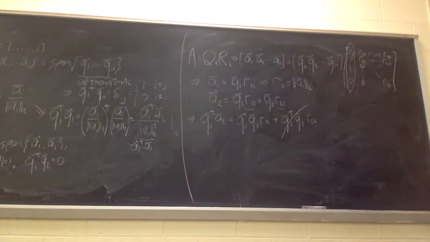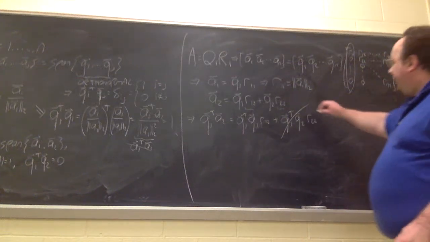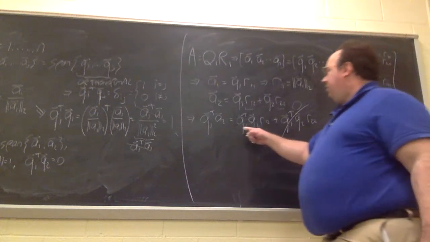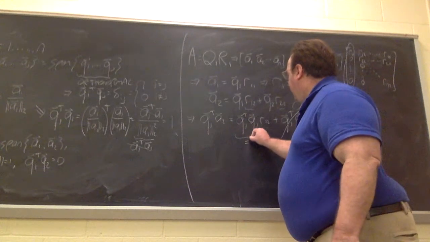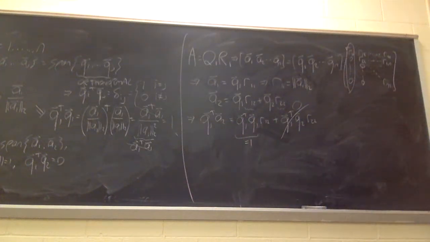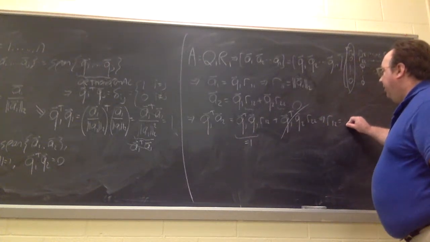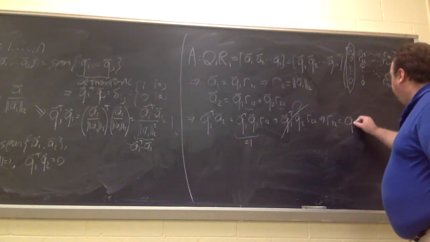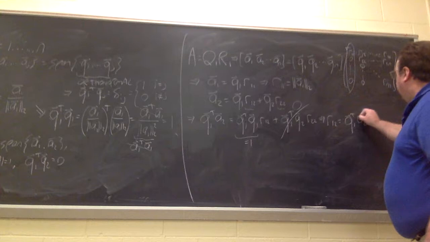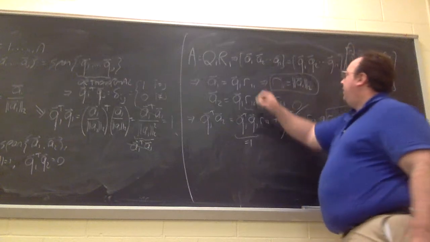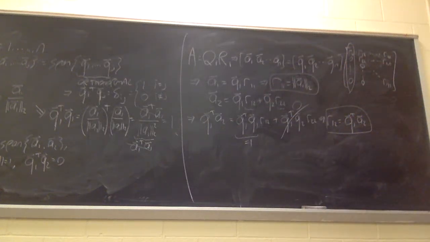Q1 and Q2 are orthogonal, so that's 0. So R22 is out of the picture. Q1 transpose itself is 1. So now R12 just pops out. R12 is Q1 transpose A2. Okay, so I'll box the entries that we have so far.